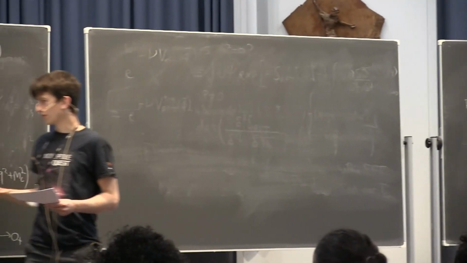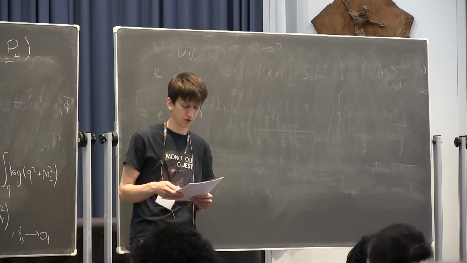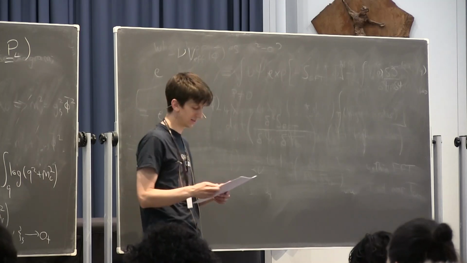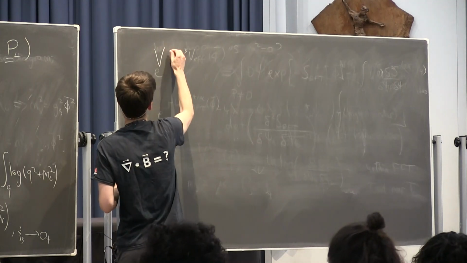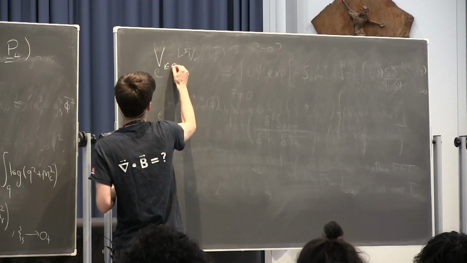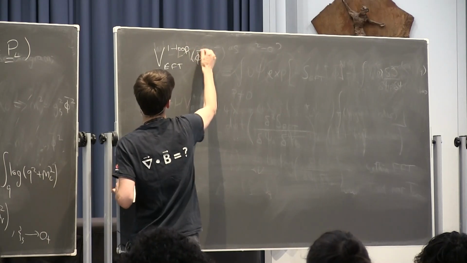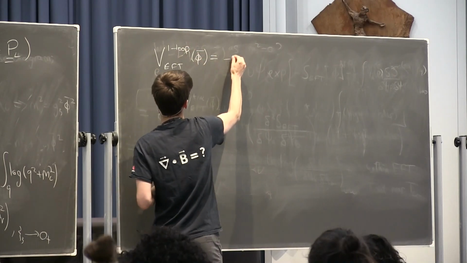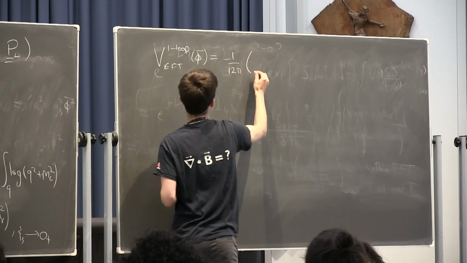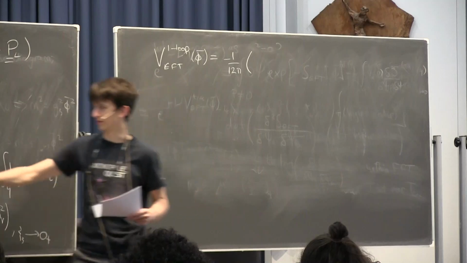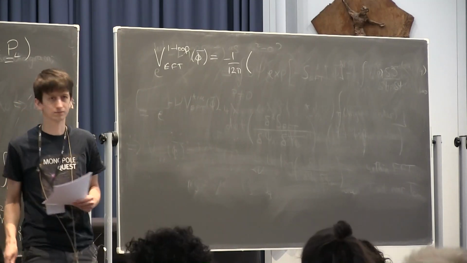Now we have the same loop integral over and over again. This loop integral you can do by somewhat standard means. And we find that it's minus 1 over 12 pi times this mass squared to the 3/2.